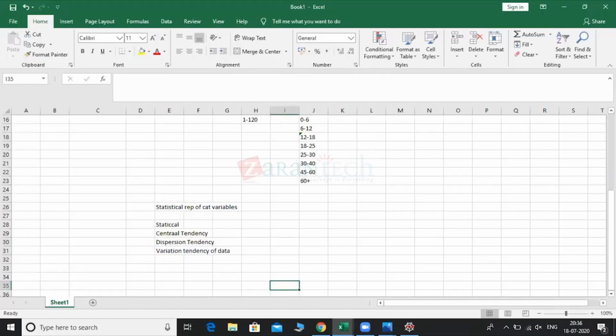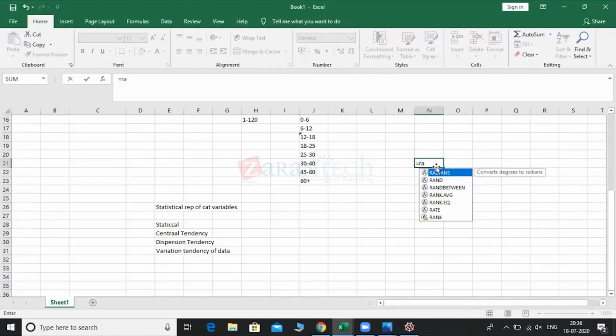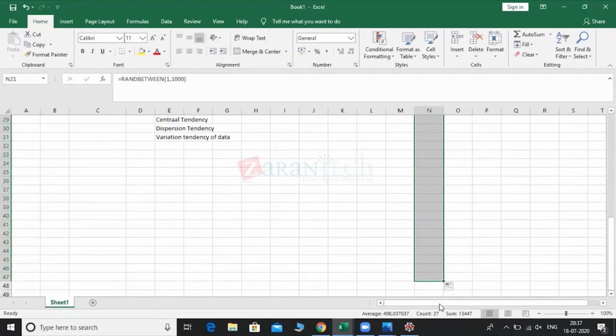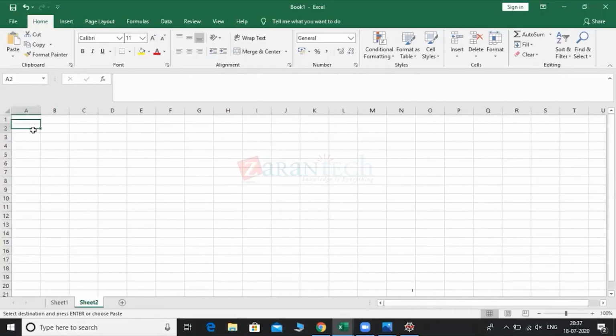Let's say that I simply write a random number over here. Let's say I just put some random numbers between 1 to 1000. Okay. Few numbers I have just taken. All right.